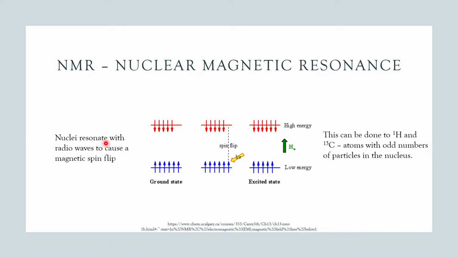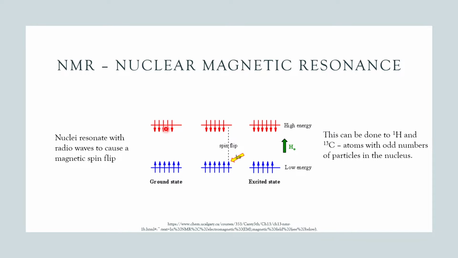However, the nuclei have this resonant frequency, very similar to what we were talking about with IR. But instead of having bonds vibrate by differing amounts, what we see with the resonance is that the nuclei can absorb radio waves and actually have a magnetic spin flip. So what we see here is that at the ground state, we have a bunch of different nuclei all pointing in that upward spin direction.